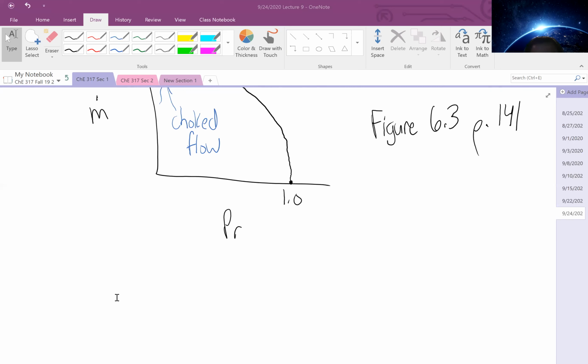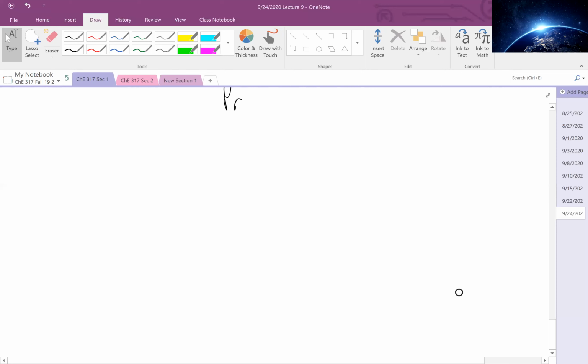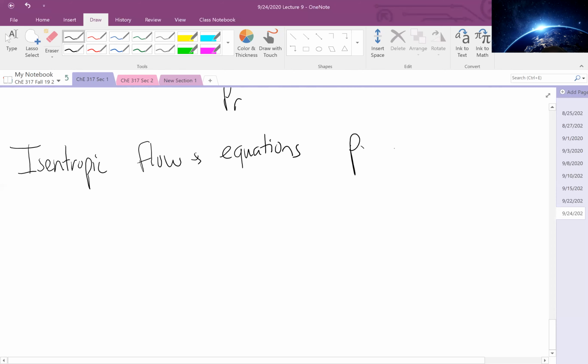In isentropic flow. However, there are a couple things I should probably mention regarding isentropic flow. So the equations of interest in terms of frictional dissipation and everything for isentropic flow can be found on pages 142 and 143.